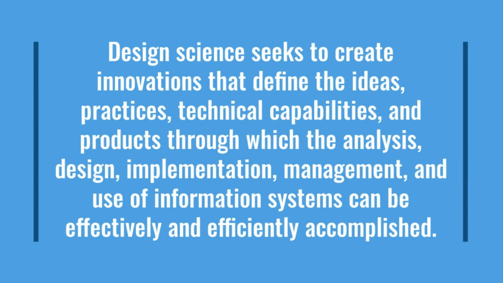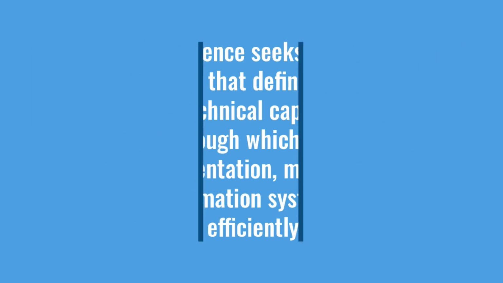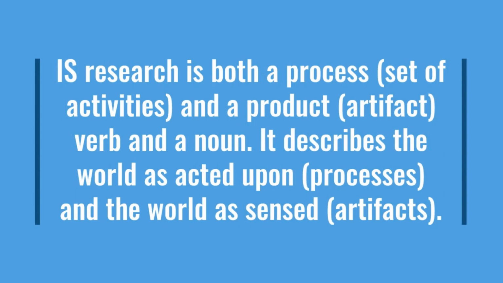Design science seeks to create innovations that define the ideas, practices, technical capabilities, and products through which the analysis, design, implementation, management, and use of information systems can be effectively and efficiently accomplished. IS research is both a process and a product, verb, and a noun. It describes the world as acted upon and the world as sensed.